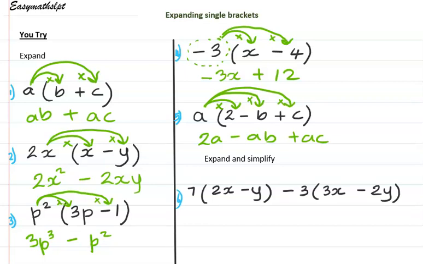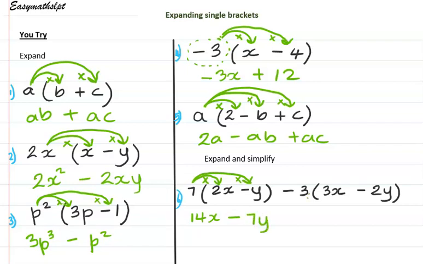Now in the last one, we do them one set at a time. So let's go. 7 times 2x gives us 14x. 7 times negative y gives us negative 7y.